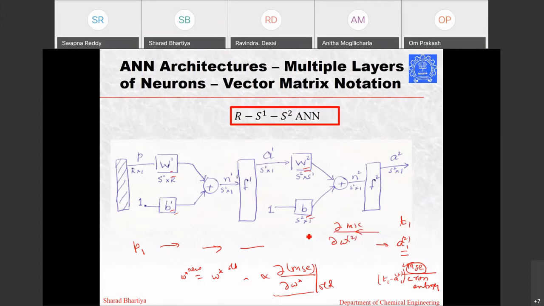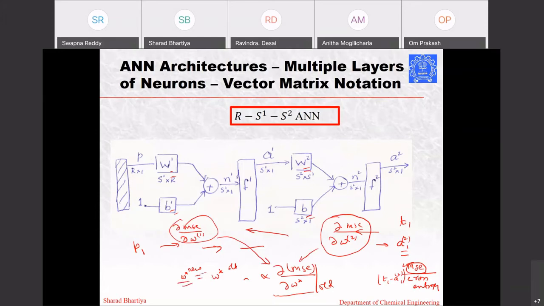This is a sensitivity in some sense, and this sensitivity is then back propagated, and then you come back and are able to find out the gradients with respect to the first layers. The moment you have all of these, you can start plugging them here and getting this new value of the weight. So this is the backpropagation algorithm.